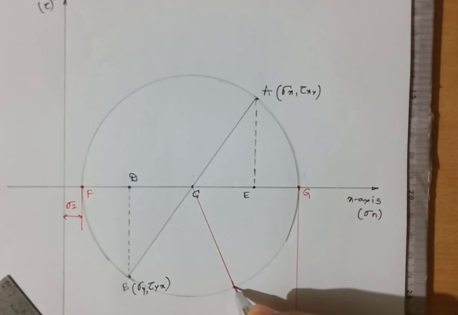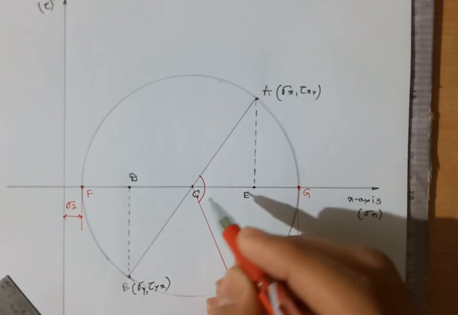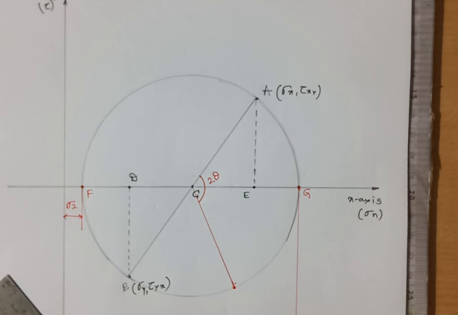So this distance I'll take as 2 theta. Now you may ask me why I have taken it in this direction only. That is also important, and I also have an answer for that.